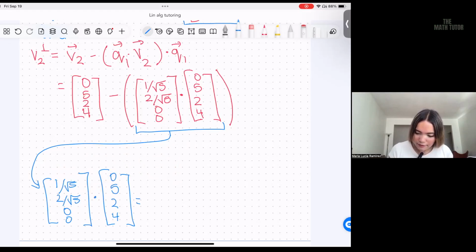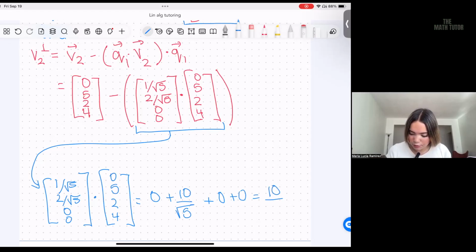So what we get for the dot product, 0 times 1 over root 5 is 0. 5 times 2 over root 5 is 10 over root 5, plus 2 times 0 is 0, and 4 times 0 is 0. So we get 10 over root 5 as the dot product.